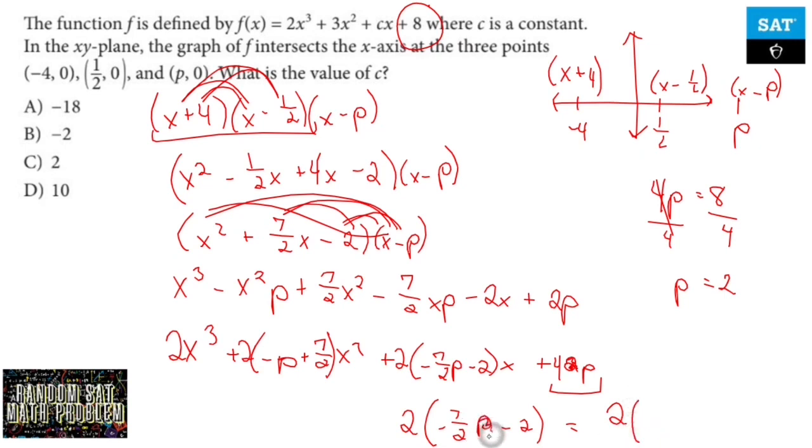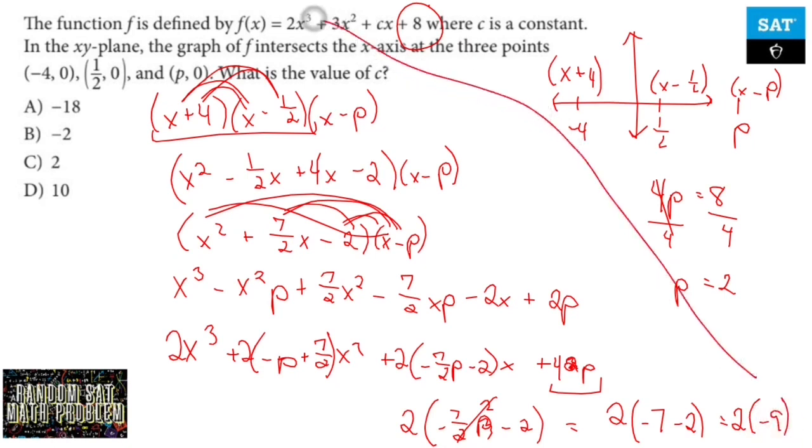So I'm going to pretend that this is 2. That crosses out. That gives me negative 7 minus 2, which is 2 times negative 9, which after all of that is negative 18.